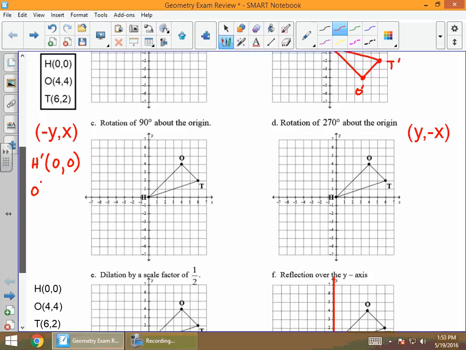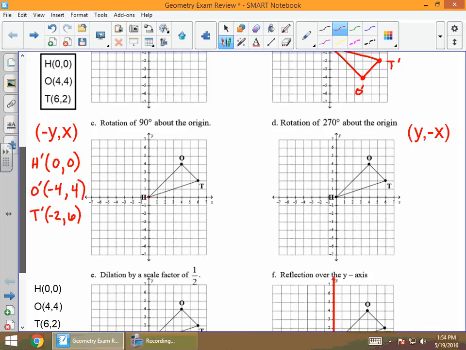O prime is the opposite of the y value. So the y value is right there. It's 4. So the opposite of that is -4. And then the x value, which was 4. And T says do the opposite of the y value, so -2. And then the x value, 6. If I can just plot these points.